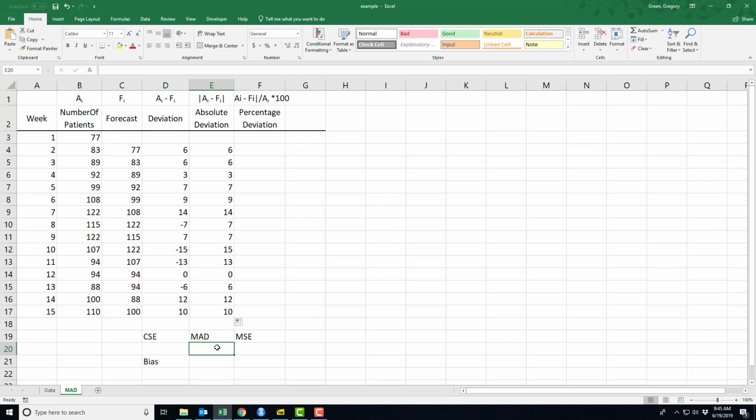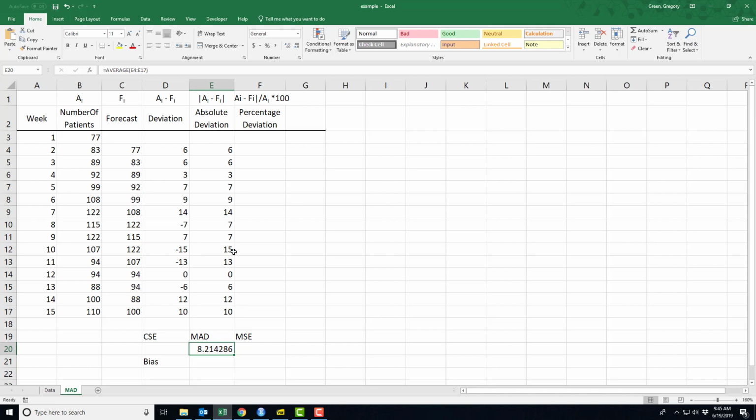I've already taken the absolute value, the A part of MAD. Now all I need to do is take the mean. So I'm going to take the average of these absolute deviations. And there is my mean absolute deviation in this problem using a forecast tool of just a simple forecast.